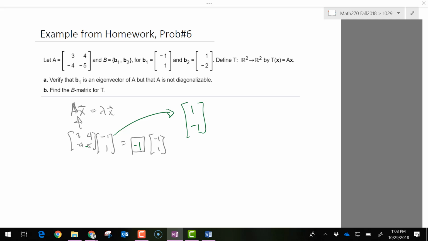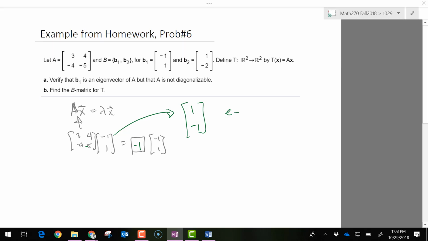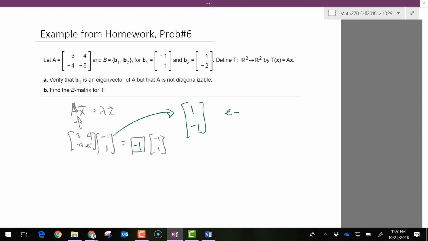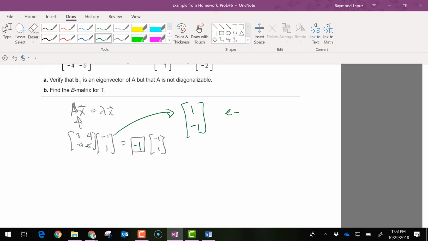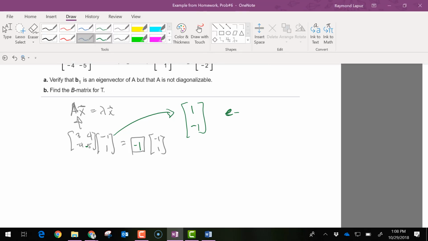But supposedly it's not diagonalizable. So what does that mean? I guess that means we have to look for the other eigenvector or other eigenvalue. So let's go through the process of finding the eigenvalues. Maybe we should have done this already. We have one of them, but this is in R2, so we should come up with a second one.